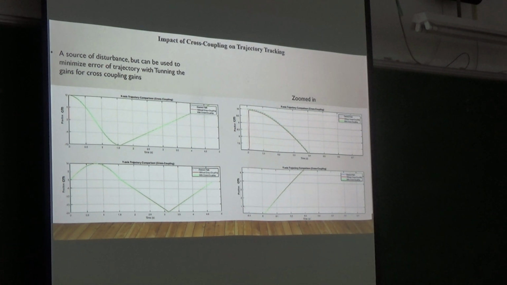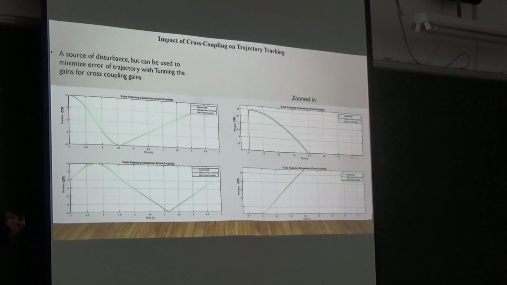From the tracking error, after doing all this simulation, we try to look closer into the error. For the tracking error and trajectory with cross-coupling, you see the dashed line with the green line here.